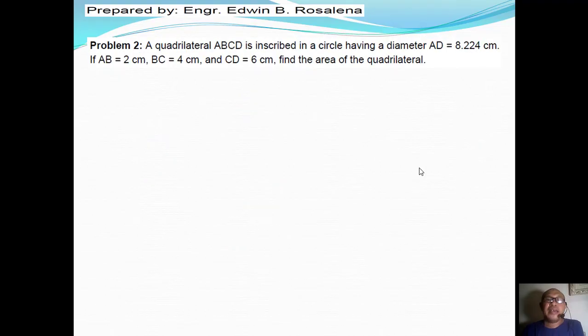Okay. Problem number 2, we have here, a quadrilateral ABCD is inscribed in a circle having a diameter AD equal to 8.224 centimeters. If AB equal to 2, BC equals 4, and CD equals 6, find the area of the quadrilateral. Okay.